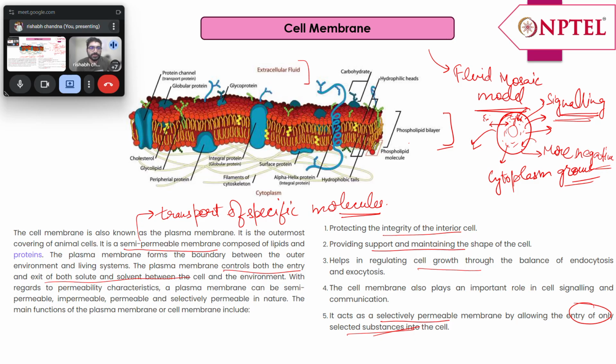This negative charge gives the signal to the immune cells so that they can clear off this cell and other cells can divide and replace it. So this is one example of how signaling takes place with the help of the cell membrane.